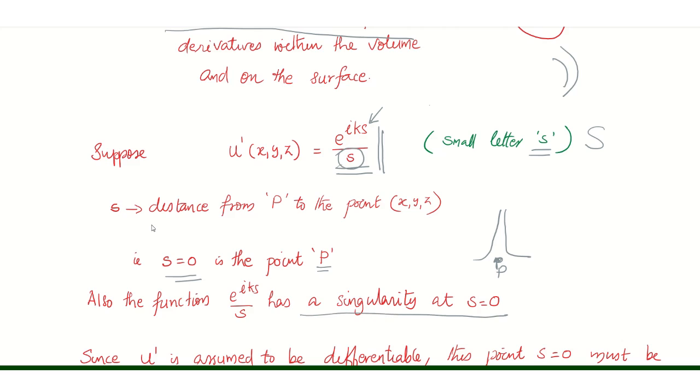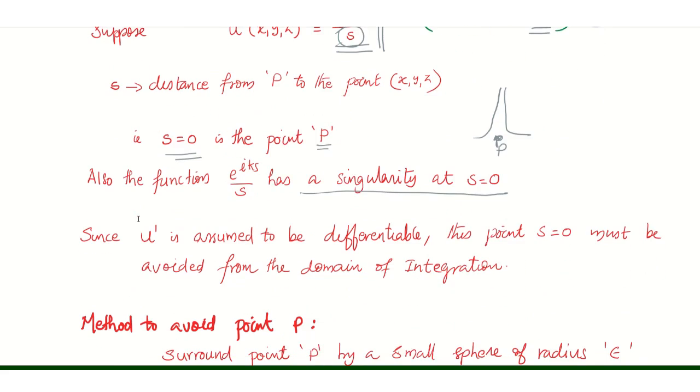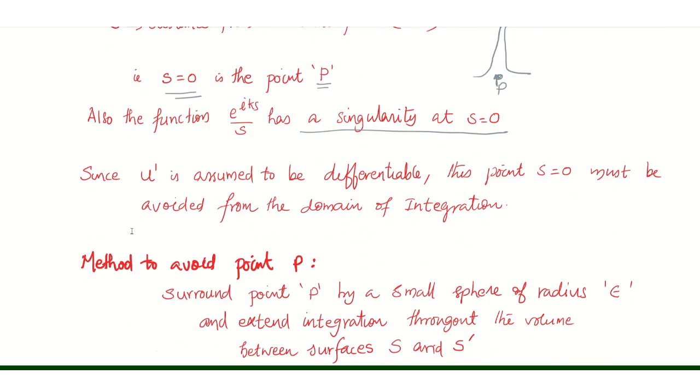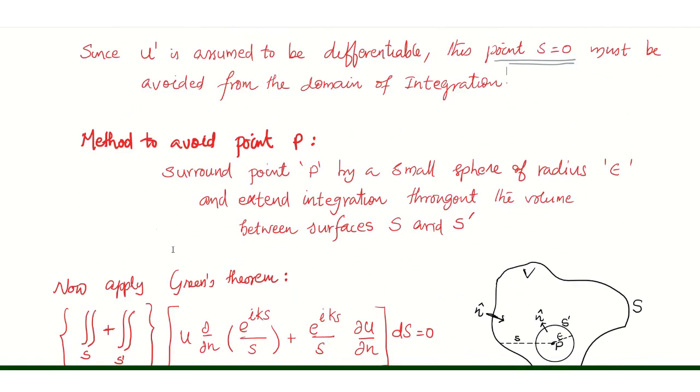Now theoreticians find a way to avoid this singularity, since you have to avoid the point s equals 0 somehow, otherwise it's going to be a problem. How do you avoid that?